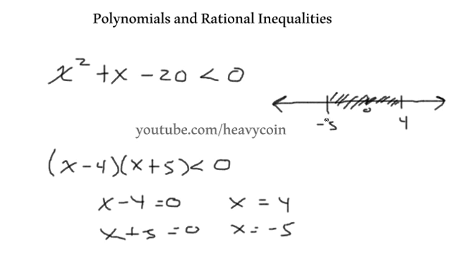So the solution set is going to be between negative 5 and 4. Notice I use parentheses here because this does not include the equal sign. This is strictly less than. So we cannot include negative 5. If you plug negative 5 in, we'd get 0 here, and 0 times a number is 0, and 0 is not less than 0.